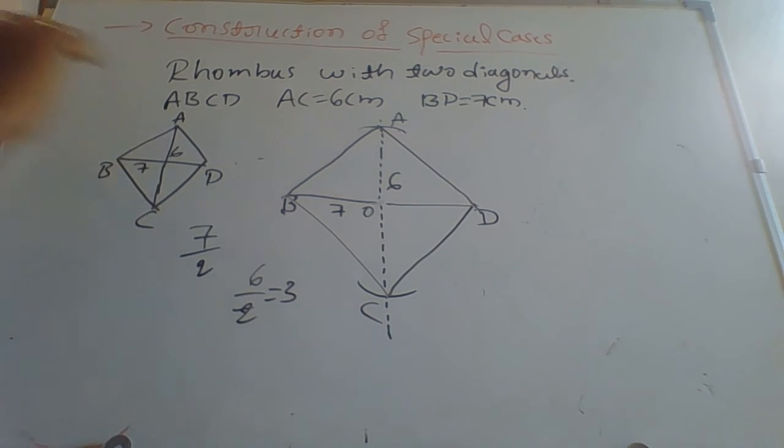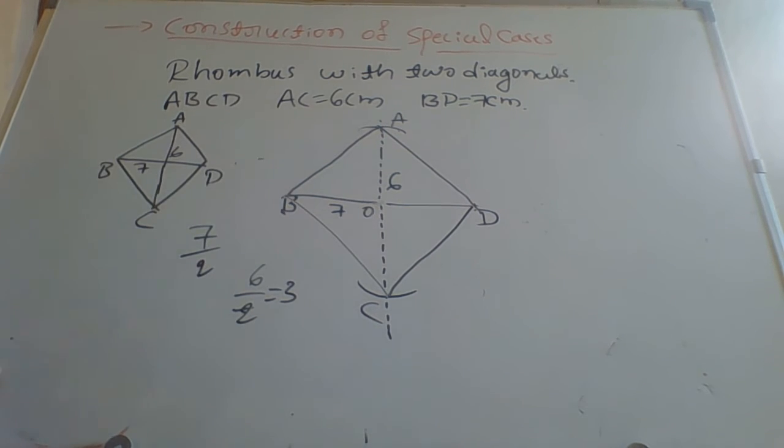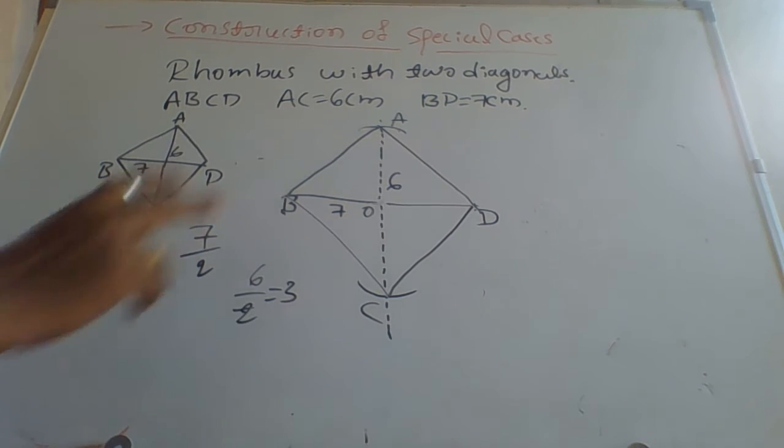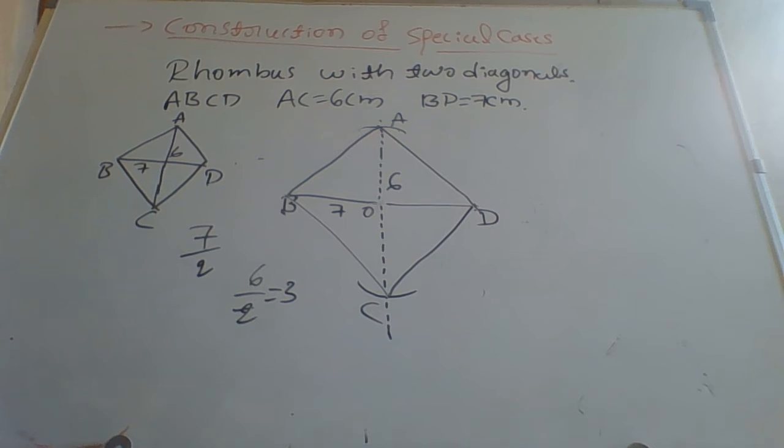AC is 6 centimeters, so BD will divide AC into two parts of 3 centimeters.